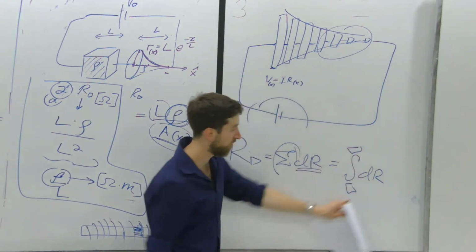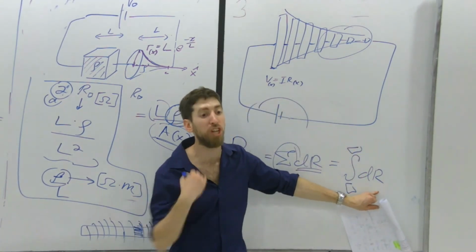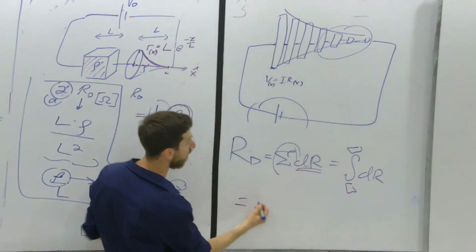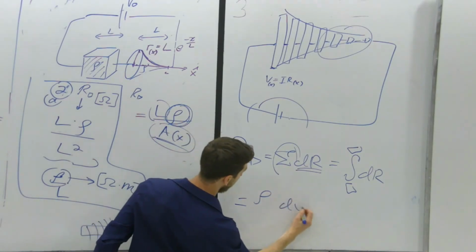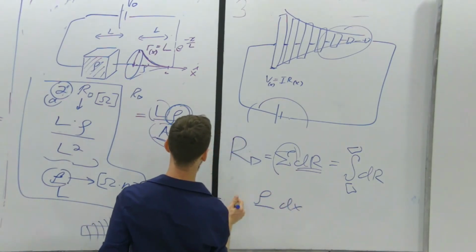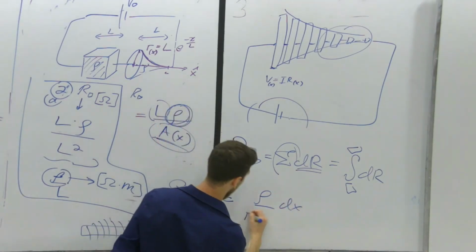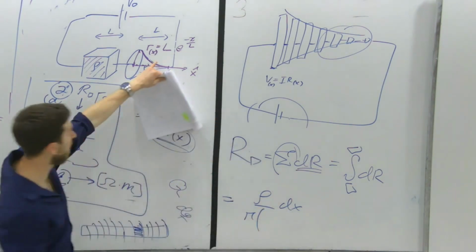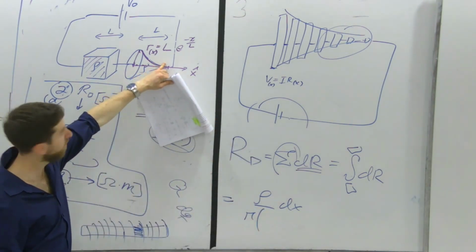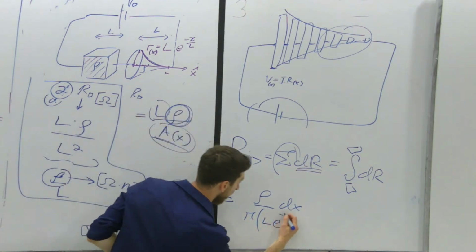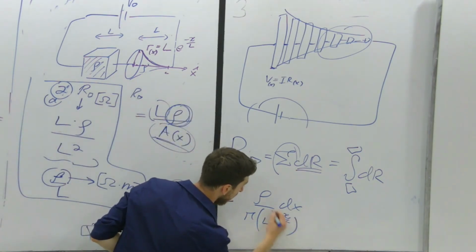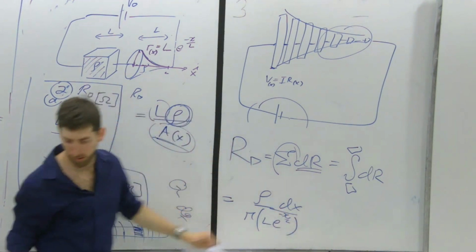I know the dR is equal to what? 2 rho dx divided by pi r squared, and r squared is this kind of monster, right? This is a monster. Exponent, but we are engineers and our job is to kill monsters. That's the reason we had math class, okay?